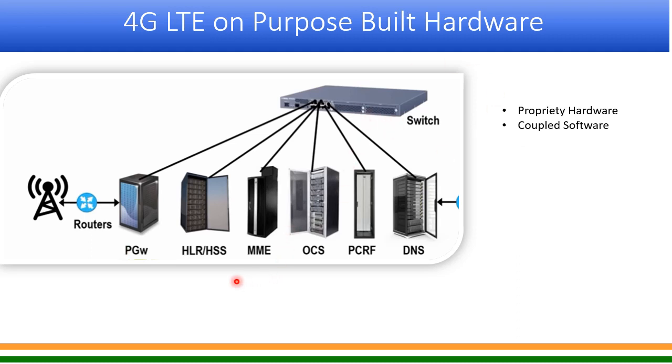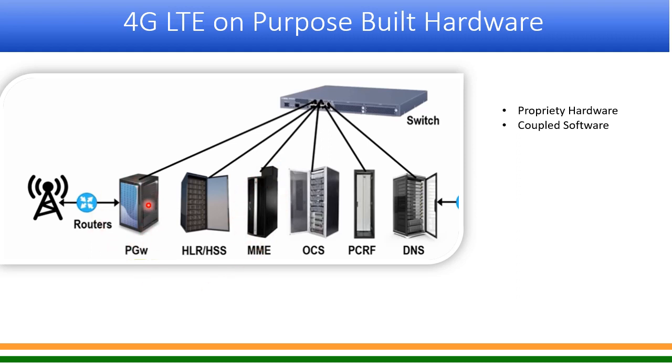Now the problem with the traditional network is that these boxes or nodes are purpose-built hardware. That means this particular box has been made to work as a PDN gateway, so it will work as a PDN gateway. This particular box is made to work as an MME, mobility management entity, so it will work as MME.